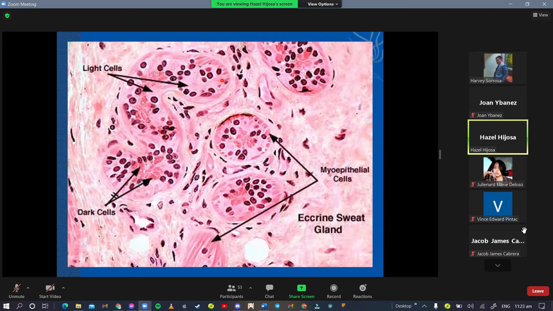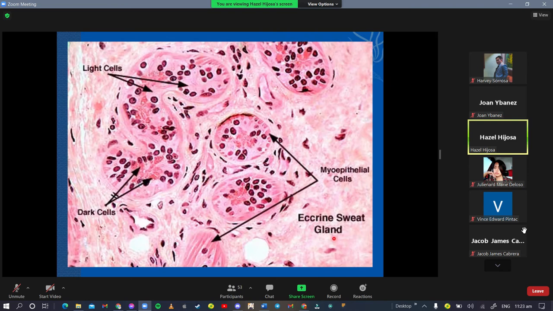For your sebaceous, it is simple branched acinar or saccular. How about for the eccrine sweat gland? Coiled tubular, Doc. Simple coiled tubular glands. Most of these are located on the palms, soles, the forehead, as well as in the trunk. The major role of your sweat glands is temperature regulation.